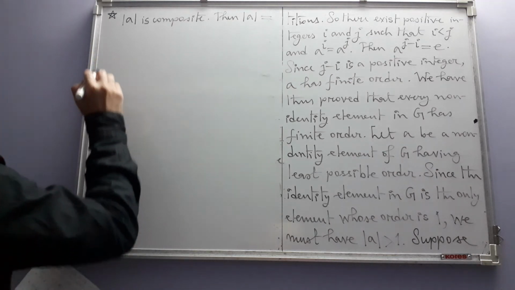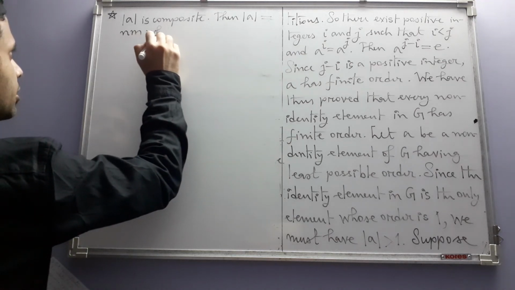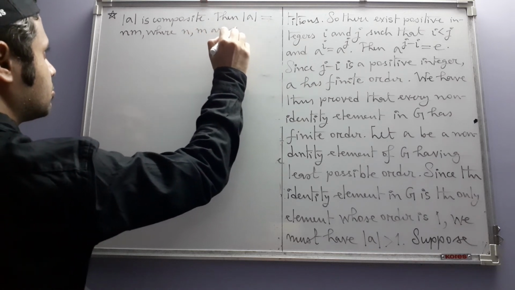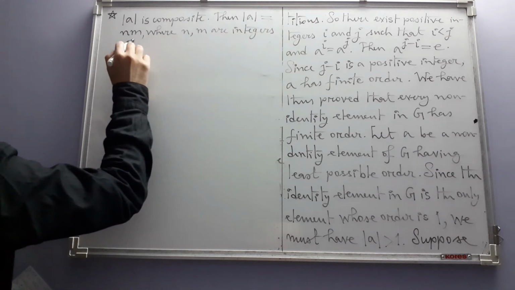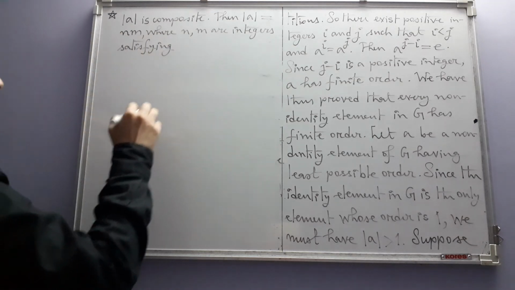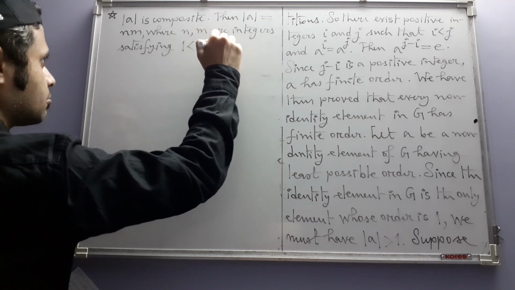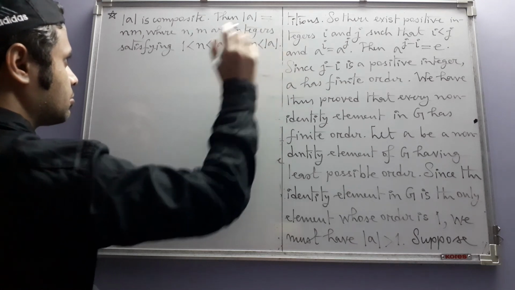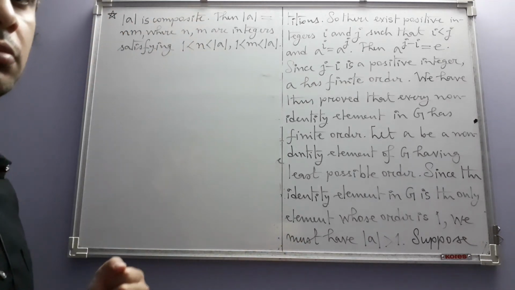No, we don't have any n, m here. So let this be equal to nm, where n and m are integers satisfying these inequalities. These n and m are proper divisors of the order of a.